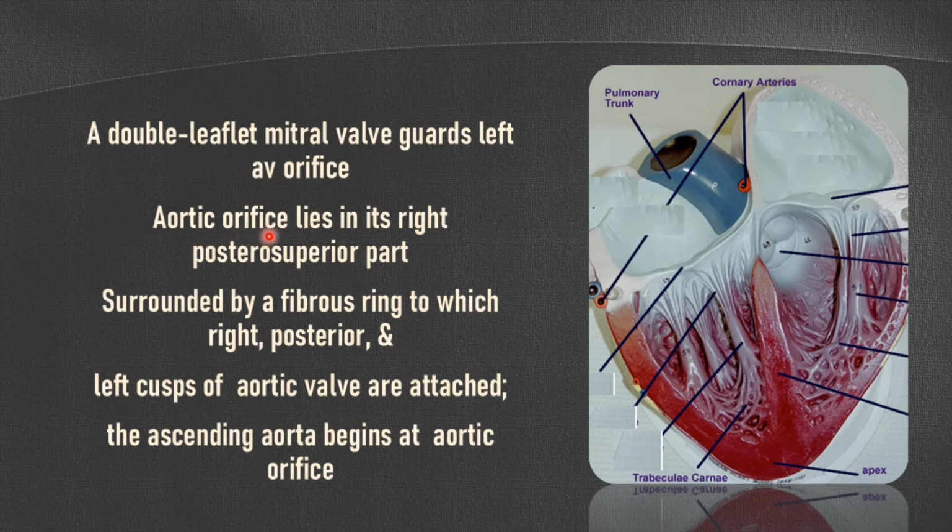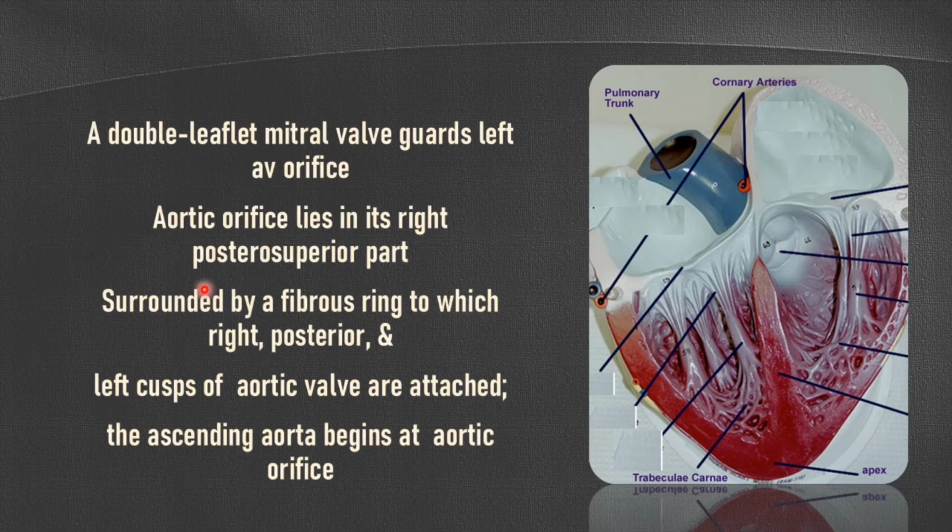The aortic orifice lies in its right superior or posterior superior part, right? So the aortic orifice lies at the superior posterior part. It is more towards the posteriorly and superiorly, or at the roof on the posterior side. This is more anterior, this is more posterior, right?